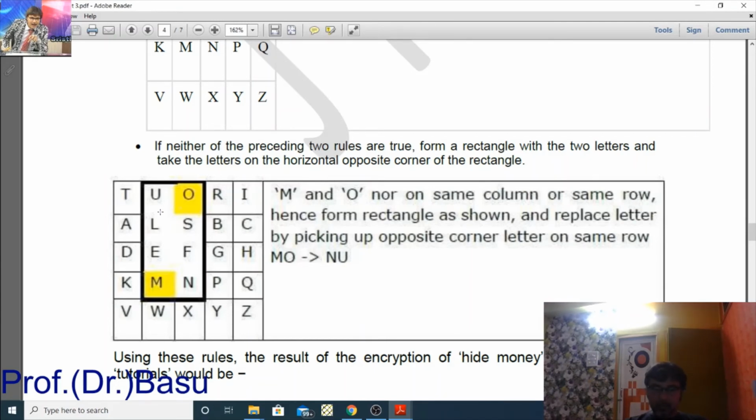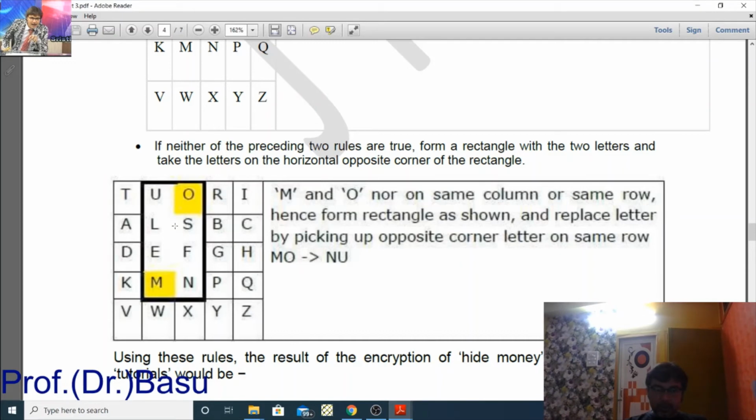From the rectangle we just replace the corner elements. So M will be replaced by N, and O will be replaced by U.